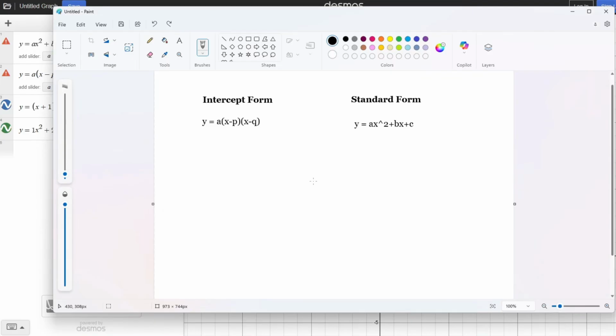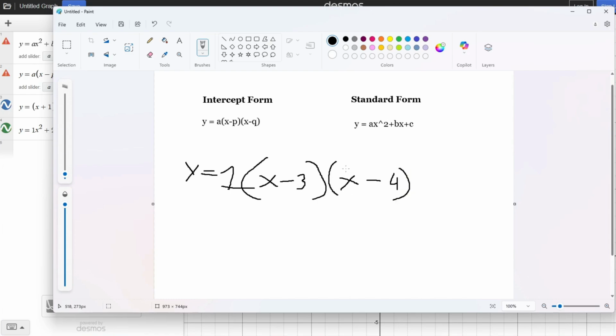Okay, now we're going to do intercept form and standard form. When you have intercept form, you want to expand it into standard form. Let's say y equals 1 for a, x minus 3 for p, and x minus 4 for q.